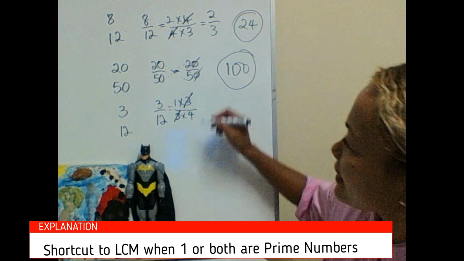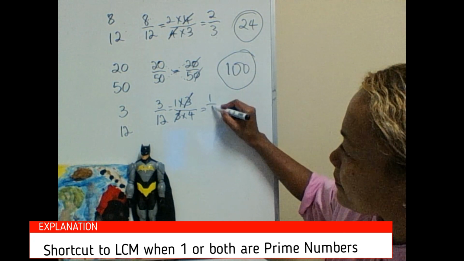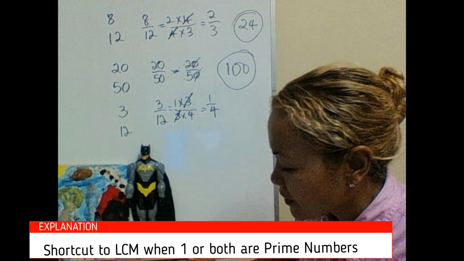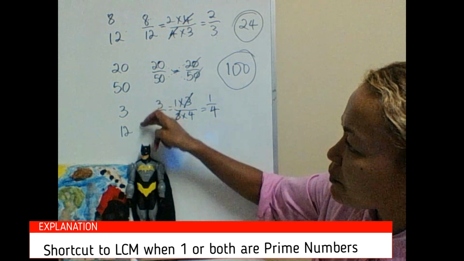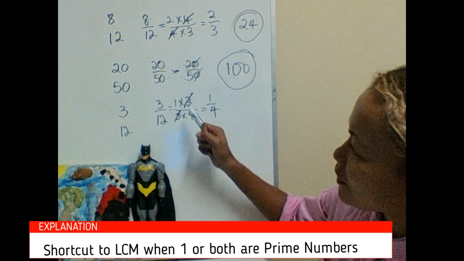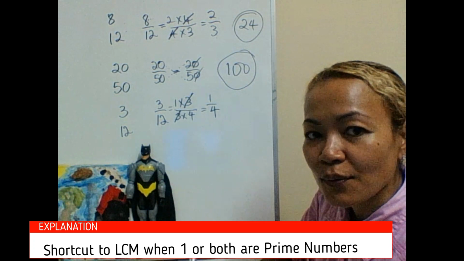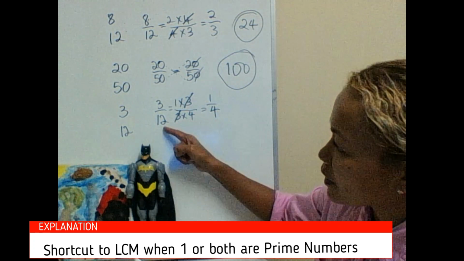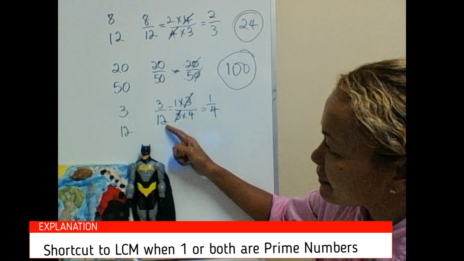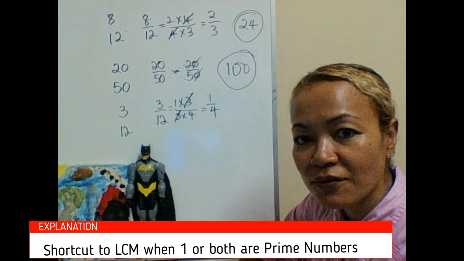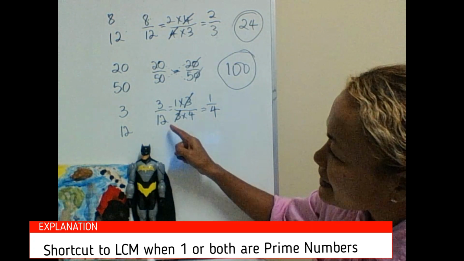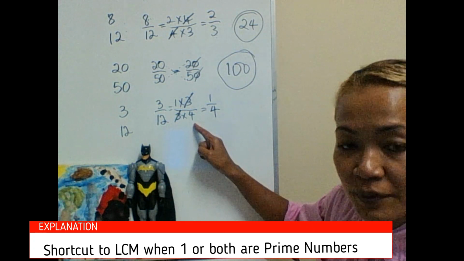The 3's cancel out and you're left with 1 over 4. So when one of them is a prime number, you only have one option, 1 times 3. Already, if the bottom is not a multiple of 3, then that's where you end right there. So in this case, it was a multiple of 3, so you could break it down further.